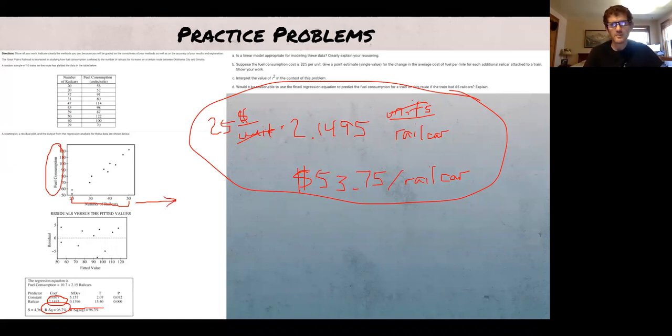We would want to say something to the effect that while our model could be used to predict it, the fact that we are extrapolating that far out means there's quite a bit of uncertainty in the model, and it would not be the most reliable estimate. So you're hedging it a bit. You say, yes, we could. Is it reasonable? Well, there are a lot of reasons why we might not want to. So you talk about the fact that extrapolation leads to problems.